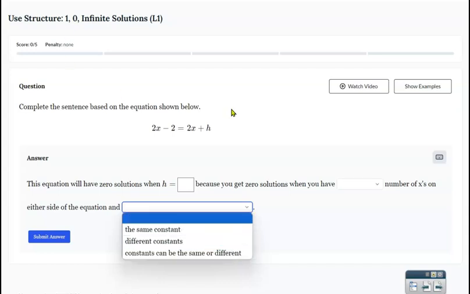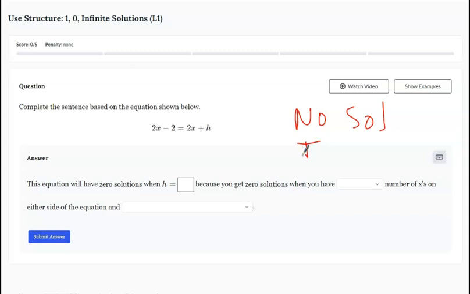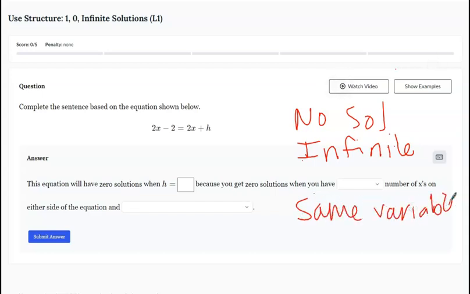So one thing we talked about in class is that in order for you to have a special solution, it doesn't matter if that special solution is infinite or no solutions, both of these items have to have the same variables on both sides. So if I have a 7x on the left, I have to have a 7x on the right.